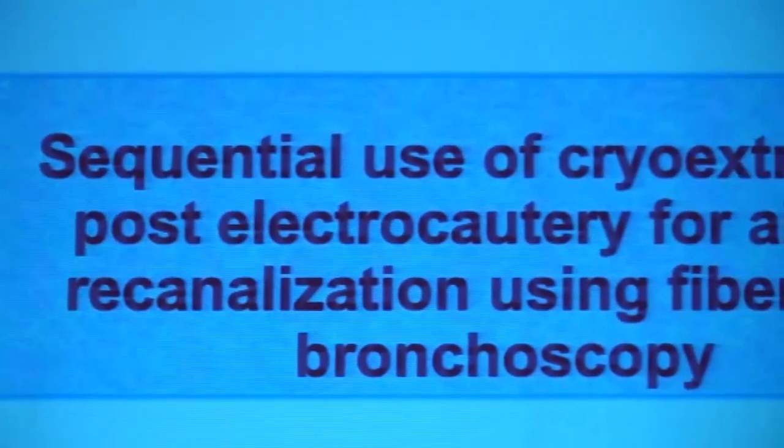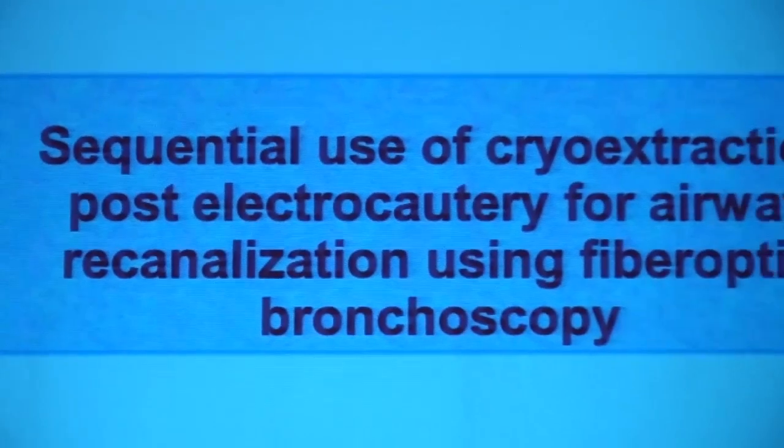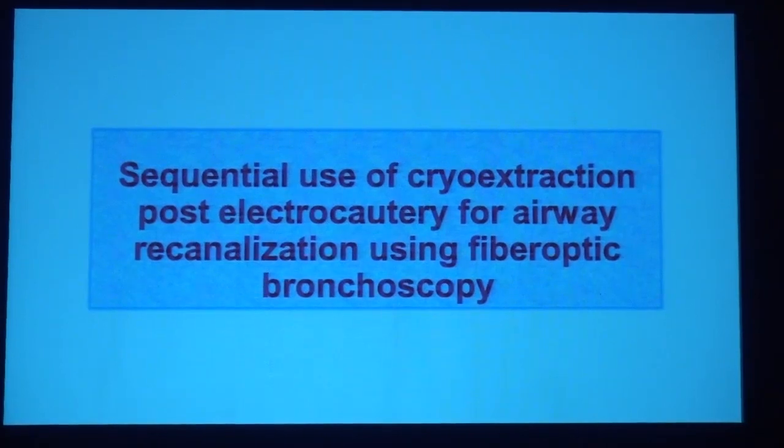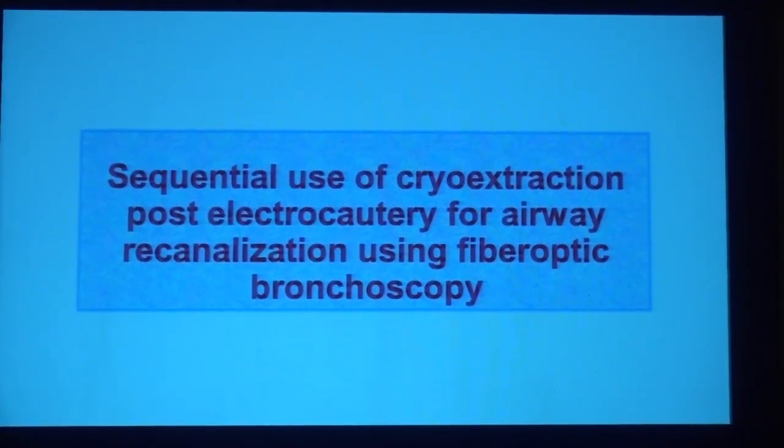Bismillah ar-Rahman ar-Rahim. Thank you, Mr. Chairman, dear colleagues. I will go rapidly to summarize as Professor Ala said. My talk is sequential use of cryo-extraction and electrocautery for airway patency via fiber optic bronchoscopy.